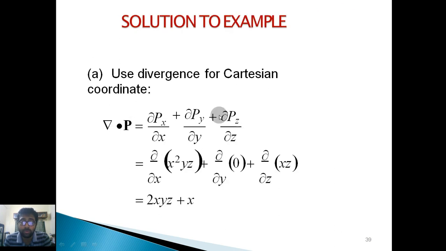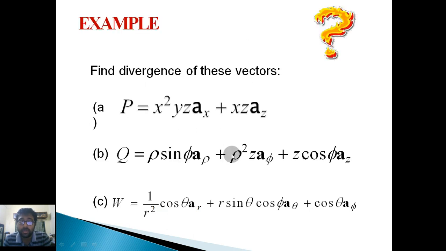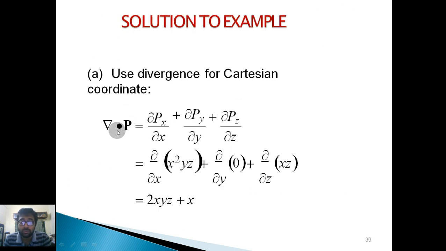So the del operator will operate on first, del by del x of x square yz, plus del by del y, and we don't have any value of y in this. In the y coordinate this vector has no value, so the result will be 0. And for del by del z, the value is xz.